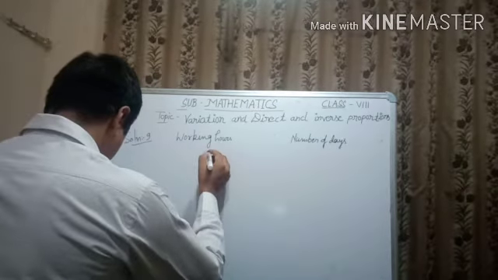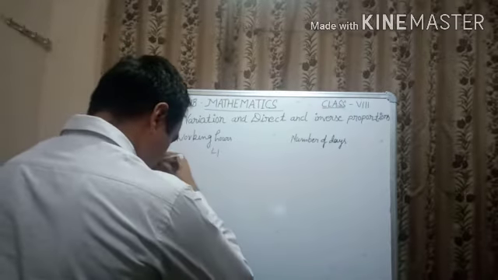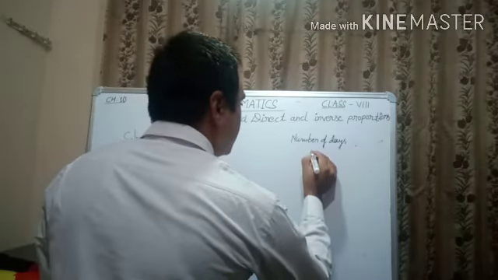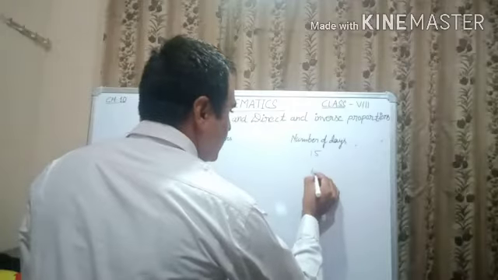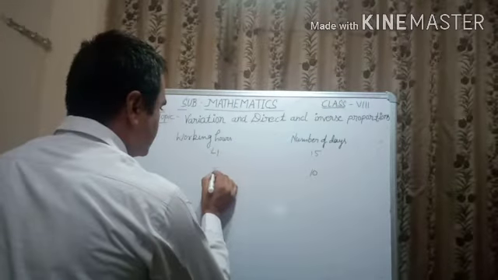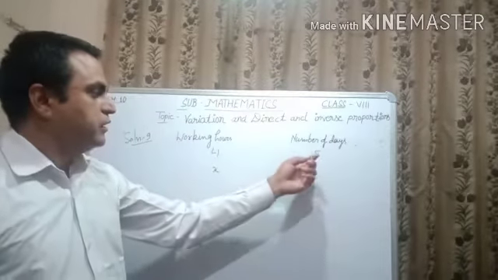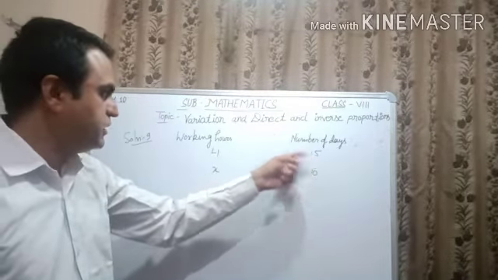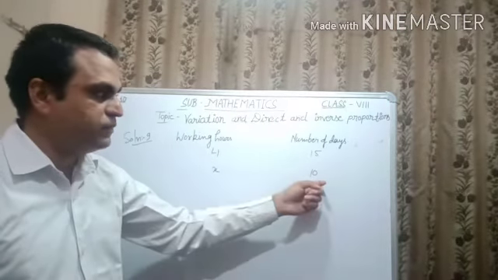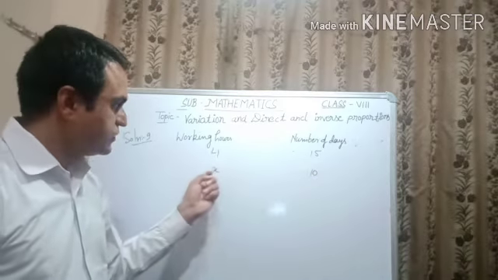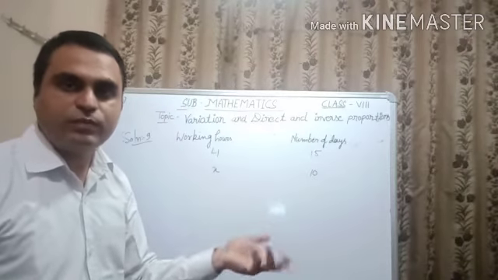If Savita works for 4 hours, then she can type the manuscript in 15 days. Now if she works 10 days, in how many hours does she have to work daily? Here the number of days is 15 when she works 4 hours. Now the number of days is less, so we get a greater value. We have to calculate the value of x.